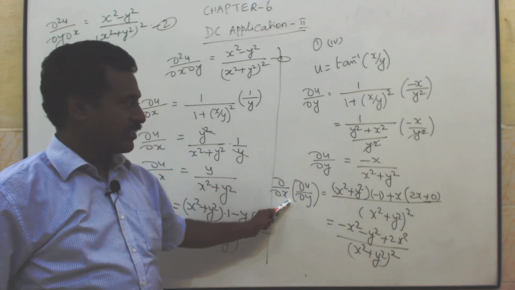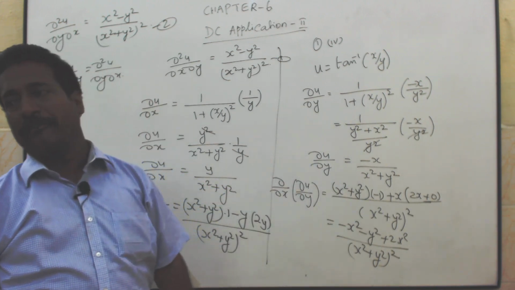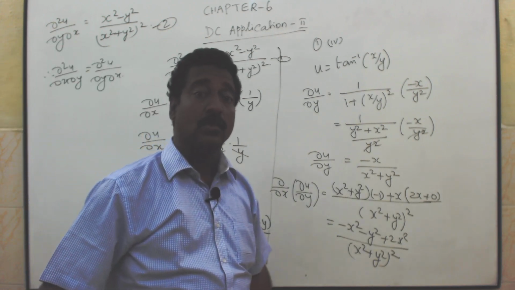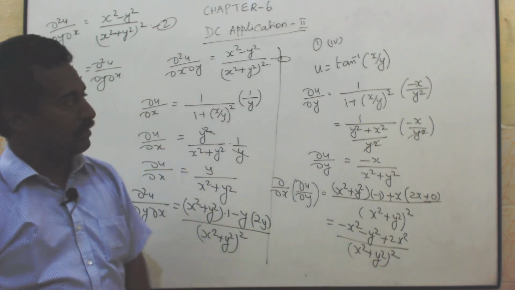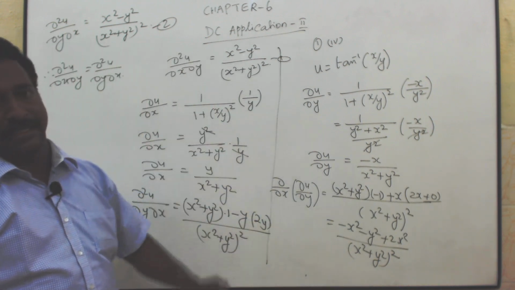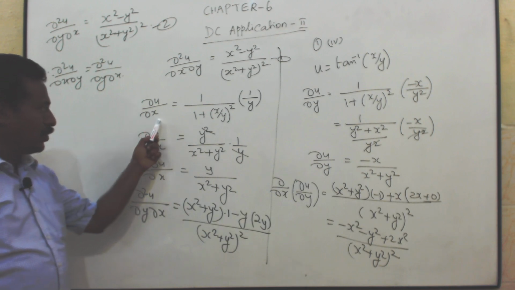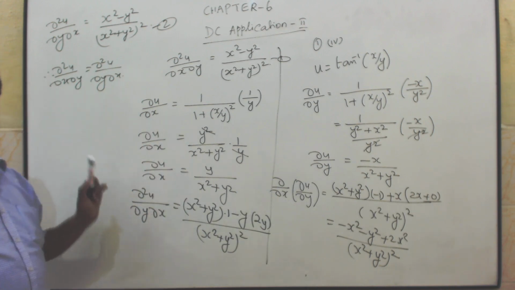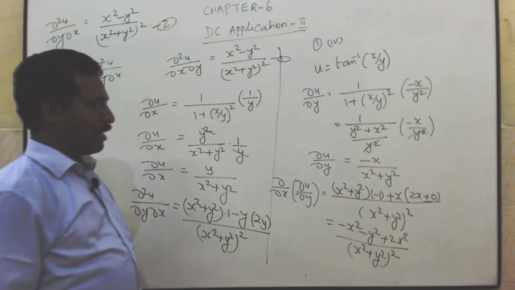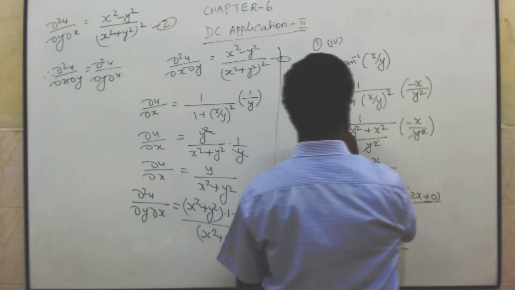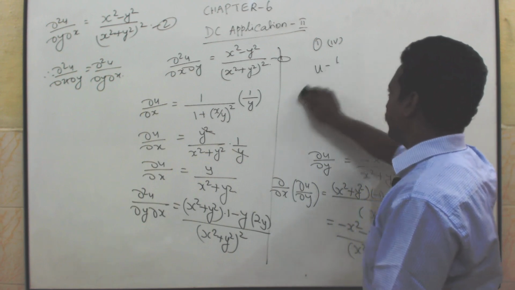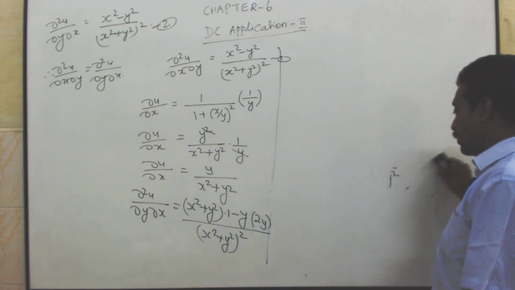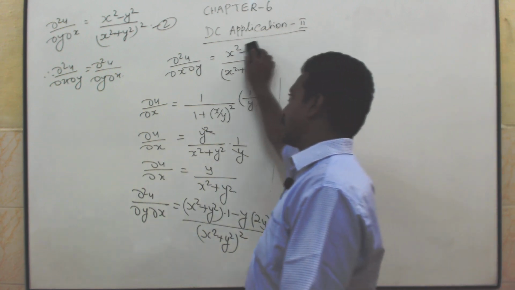That answer is differentiated with respect to x. This is in the form of u by v: (v u dash minus u v dash) by v square. When we simplify, we get this result. In the same way, calculate dou u by dou x and dou square u by dou y dou x, and we get the same result. I think this is an important question: exercise number 6.3, question number 1, subdivisions 2, 3, 4 are 10 marks.